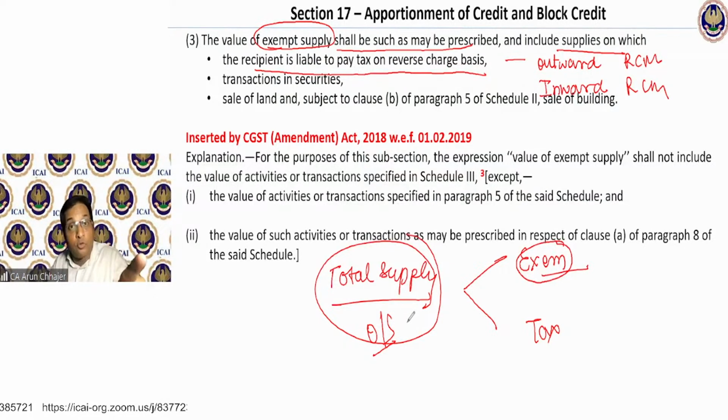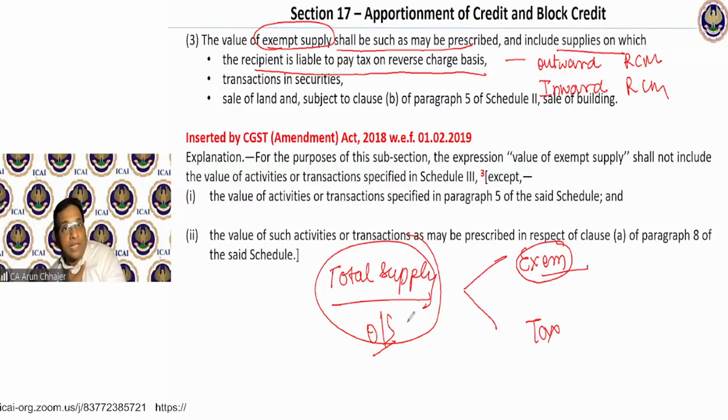In the exam, they may add some part to create confusion. They might say inward supply is liable to RCM, 1 lakh rupees. You might add it in the calculation of rule 42 and end up with an incorrect amount. So if I am paying the taxes under RCM, it is not my outward supply. Only outward supply which is considered as exempted, whatever the exempt supply, plus outward RCM.